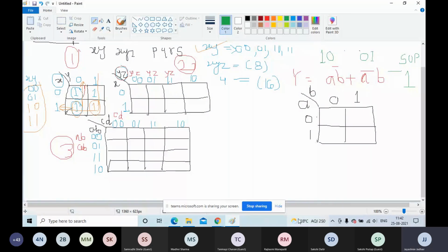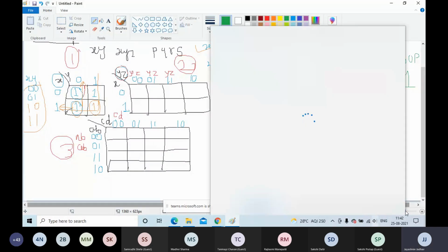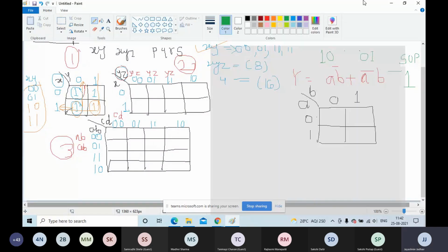Now the next question is where I have to enter 1, because in here only the 2 terms are there and total 4 cells are there. Now where I have to enter the 1, and that's why I have to see the values in that equation. We have already found the values. The value of A is 1 and the value of B is 0 for this term.